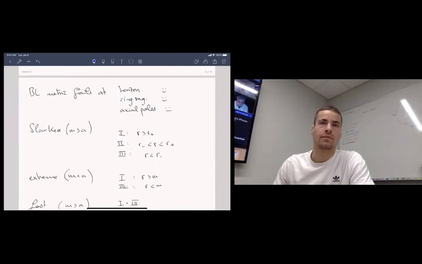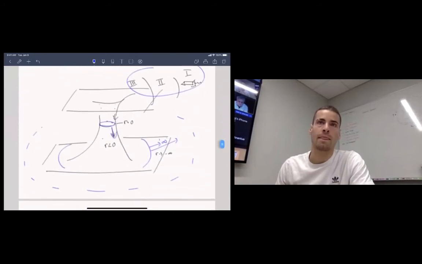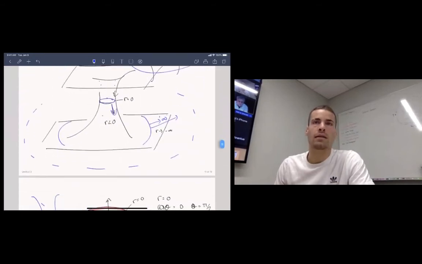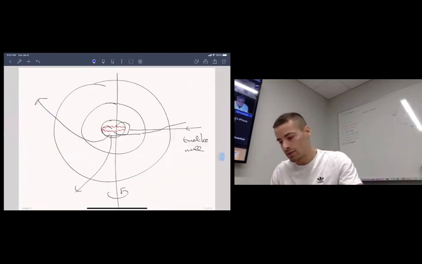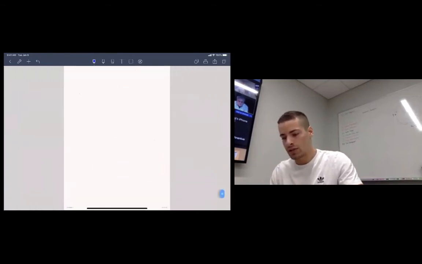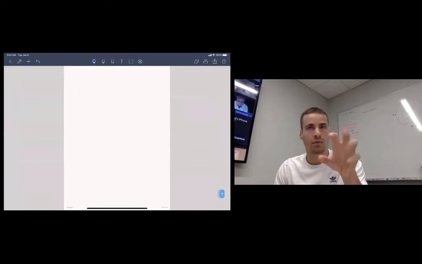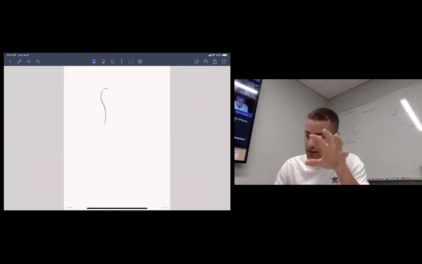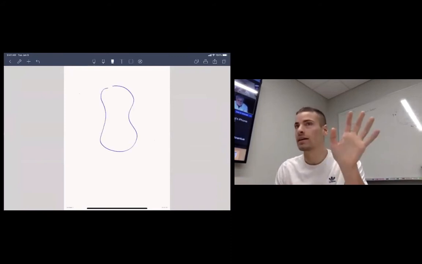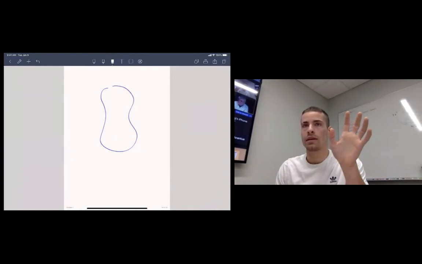So in Boyer-Lindquist coordinates, is this a sphere? Yes, constant R, and it's not the same as your hourglass surface. Well, you need to distinguish between what you mean by a sphere and what you mean by an hourglass, because this is topologically a sphere. You've drawn a diagram in which you've made a distinction between something you call R minus and something you've shaded, which is not circular in shape.